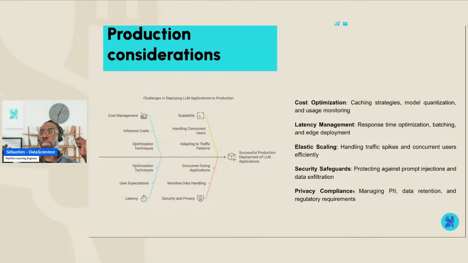Of course, you have privacy compliance, making sure that you handle personal identifiable information very carefully, and that you are compliant with the GDPR regarding data retention and other regulations that you may have to address, depending on the market that you want to work in. These are simply a sample of production considerations.